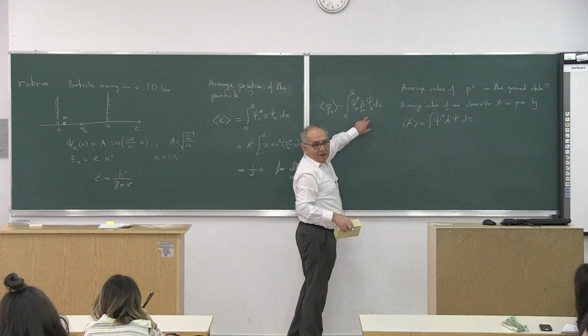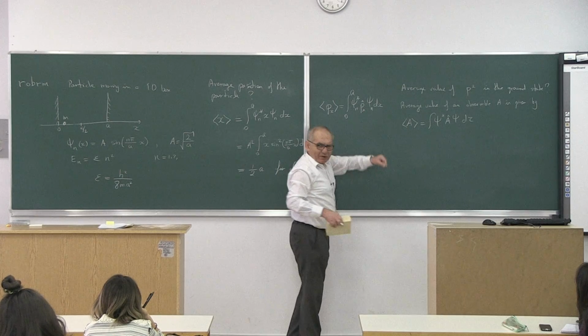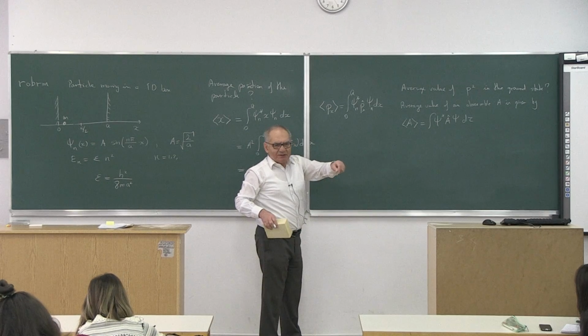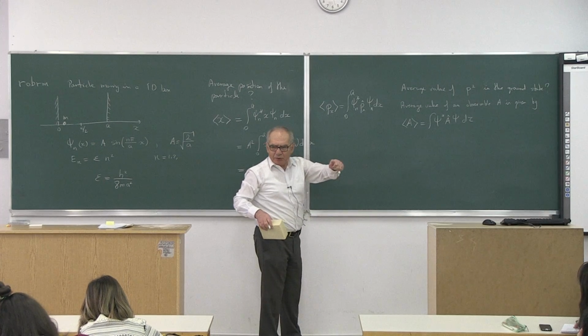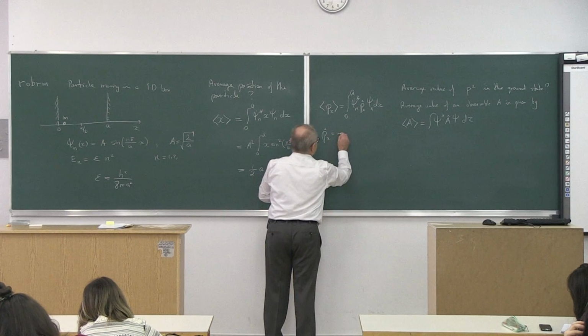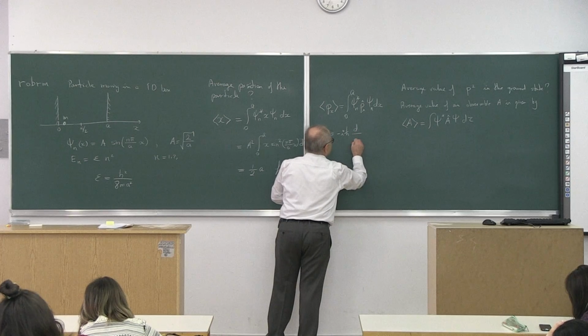This is the linear momentum of it. I have written here a subscript x to make it more definite that it's related with the first derivative with respect to x. What is p_x? Minus i times h bar times the first derivative with respect to x.